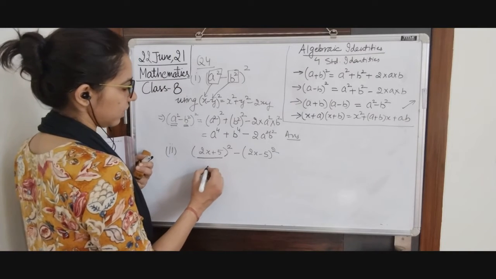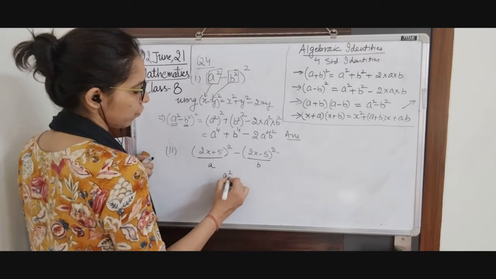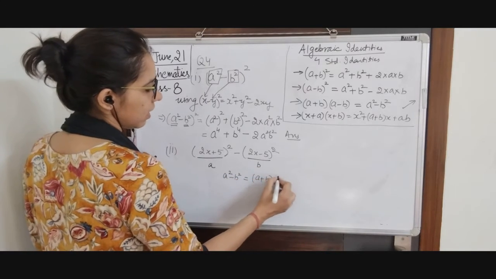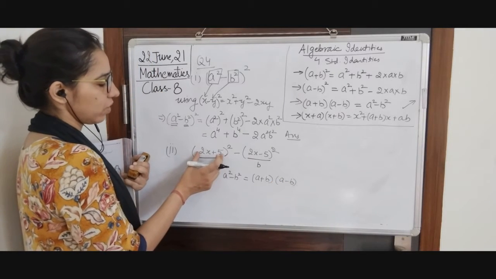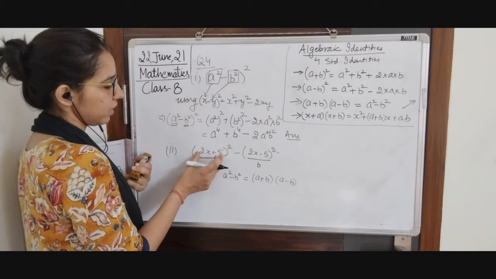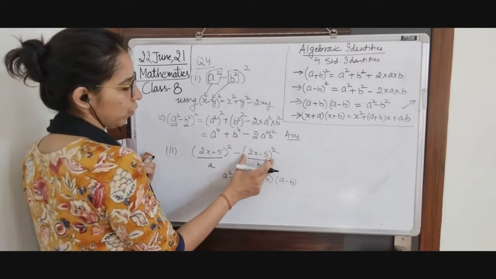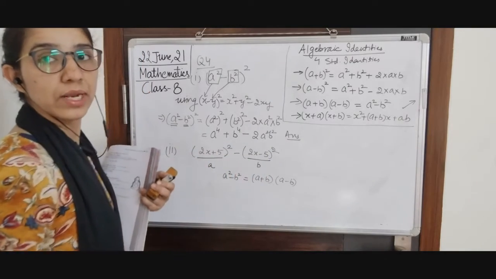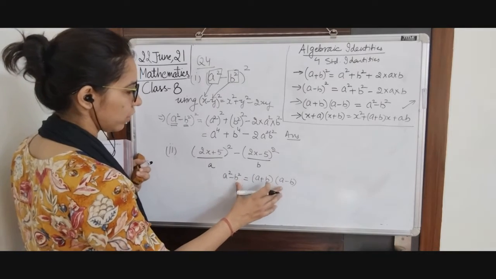Either we can consider this as a and this as b, and use the formula a square minus b square, which is going to be (a plus b) into (a minus b), or I can use the formula for the identity of (a plus b) whole square for this expression and then do the calculation with the terms. So I am going to use this one.